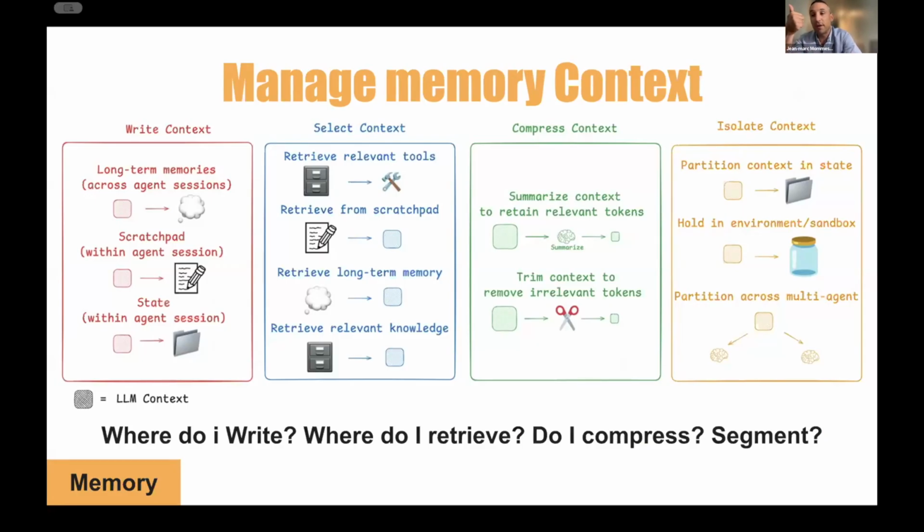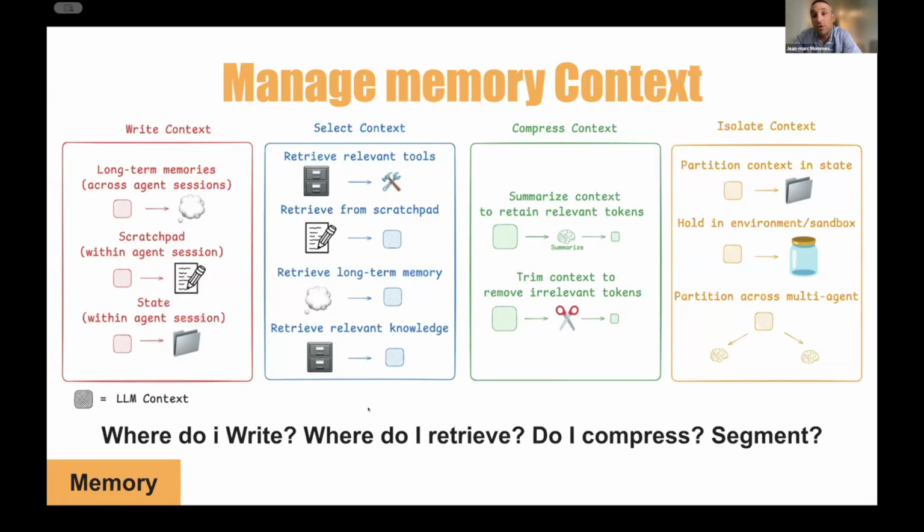First you think about where to write. Then, unlike the previous slide where we just store everything and then do a RAG and pull it, you could say maybe I can summarize some of this information, so not store everything. And of course, LangChain will say that on top of that you can isolate the context and figure out which context you bring where, and so on.